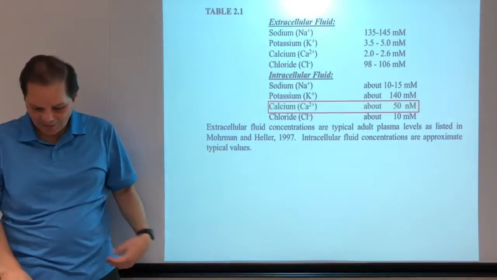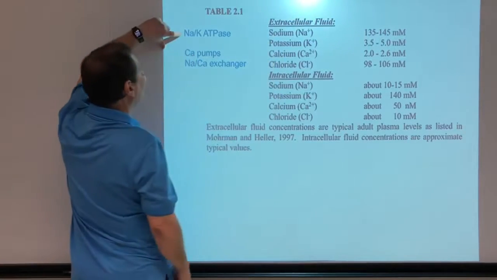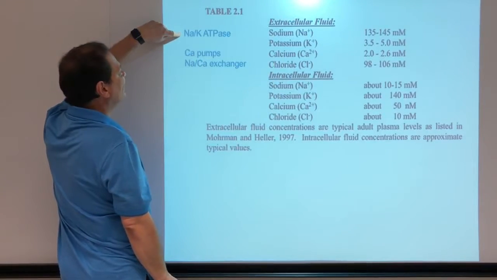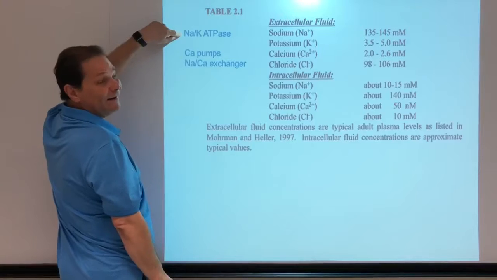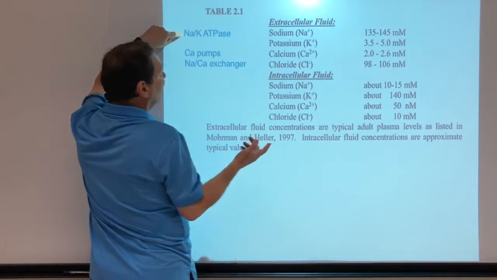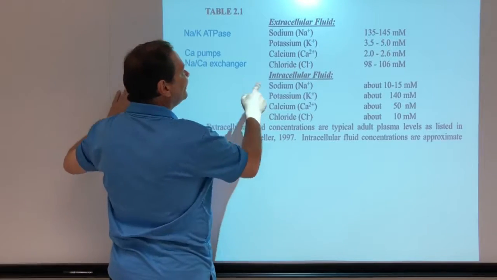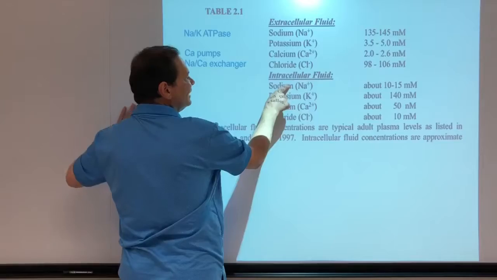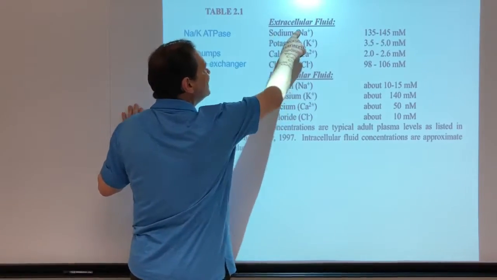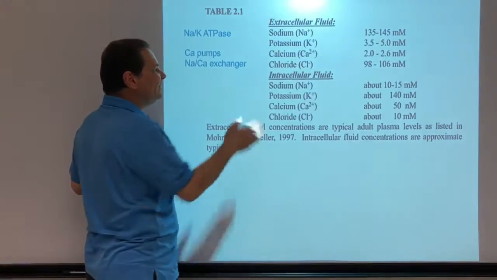So you may wonder, how are these gradients maintained? Well, in the case of sodium and potassium, they're maintained through the action of the sodium-potassium ATPase, or the sodium-potassium pump. This pump uses the energy stored in ATP to pump sodium from low concentration in the cell to high concentration outside the cell. So this pump maintains that sodium gradient.